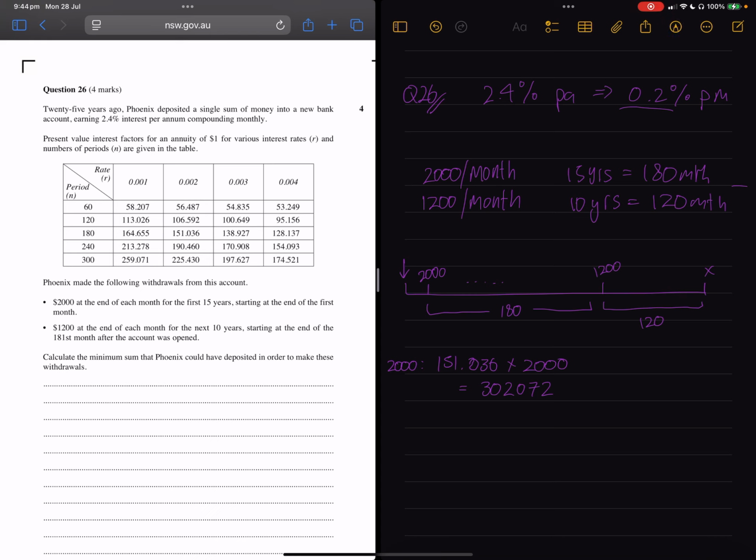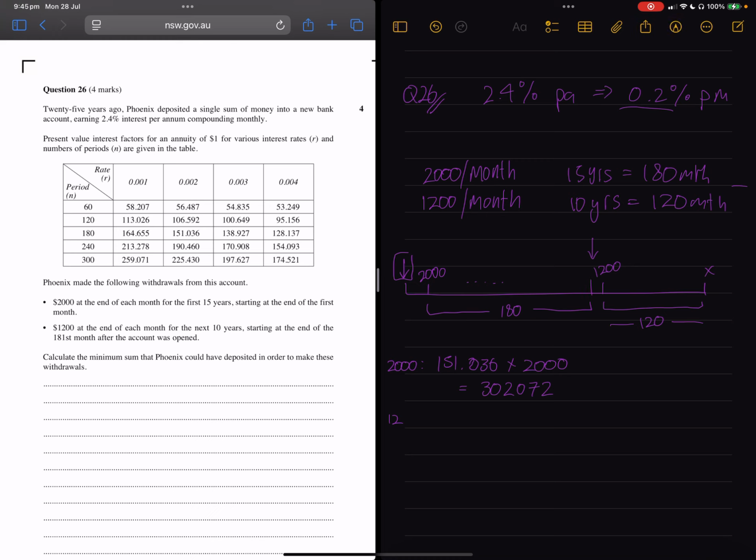Now, the last 120 payments are not included in this. So we're going to think about them separately. When we did the $2,000 withdrawals, we thought of them in terms of the present value: how much on day one did you have to deposit? For the $1,200 withdrawals, we're going to calculate them from the end of the $2,000 withdrawals.